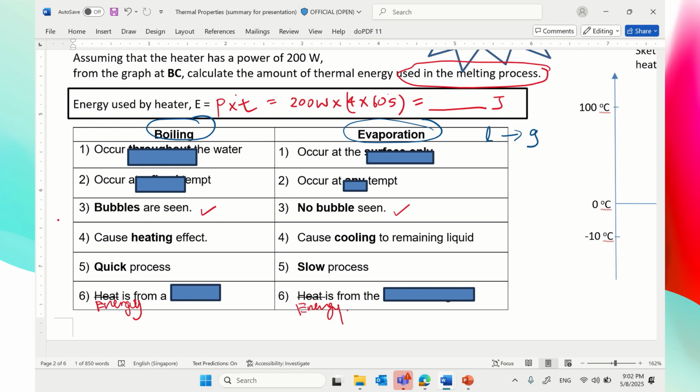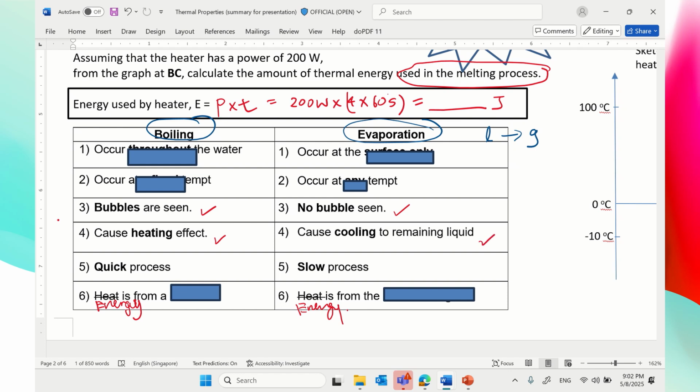Boiling can only cause a heating effect. If you touch boiled water, water that's boiling, you are burnt. It burns your finger, so it causes heating. But for evaporation, when you perspire, when the sweat on your skin evaporates, it gives you a cooling sensation.